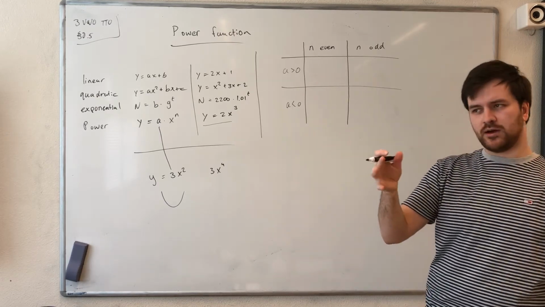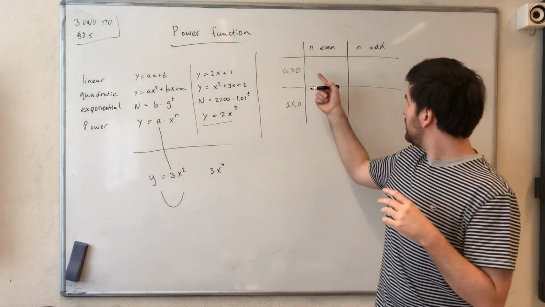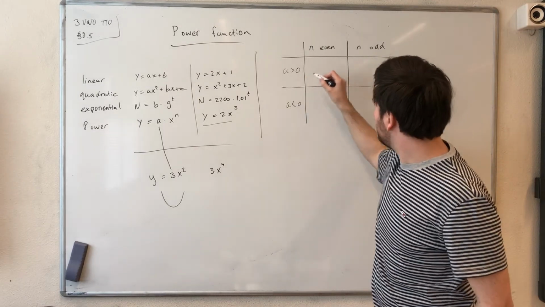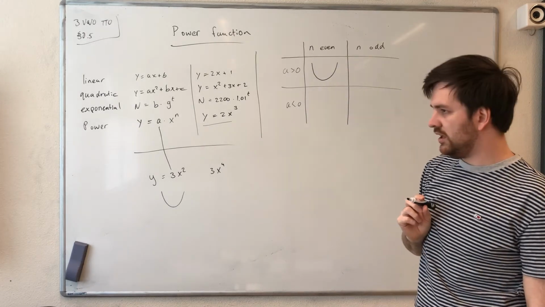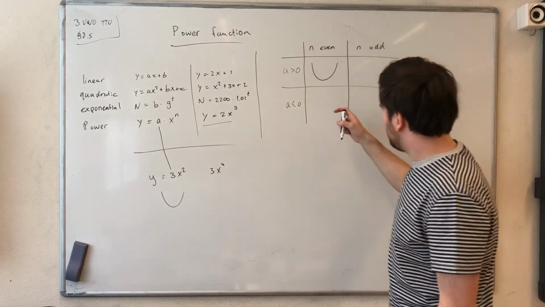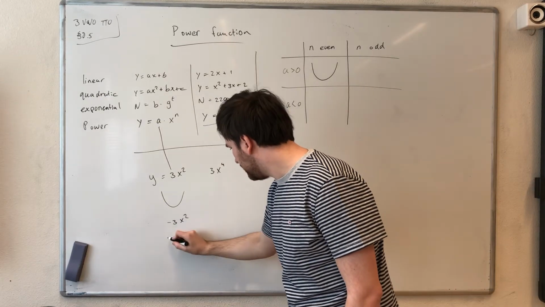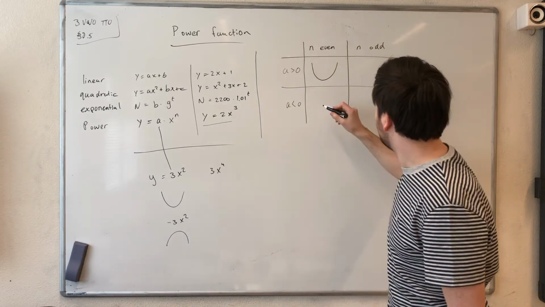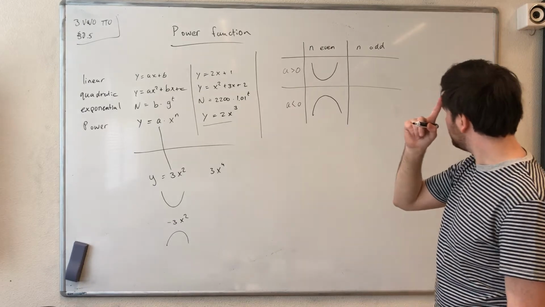So you have an even amount of minuses, which means that it becomes positive as well. So if n is even and a is positive, you will always get a parabola. And this is a cup or a cap, maybe you remember. Sometimes when you would have minus 3x squared, this would have been a cap. And the same thing goes for the other one.